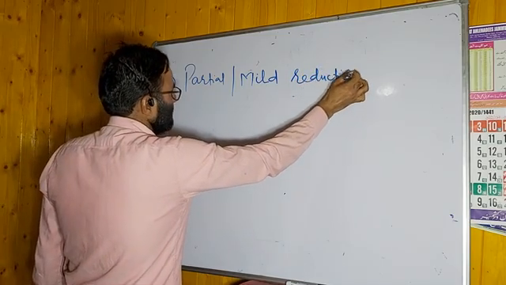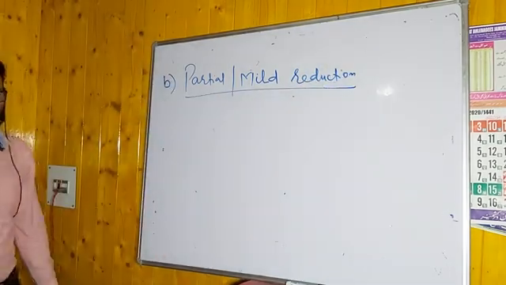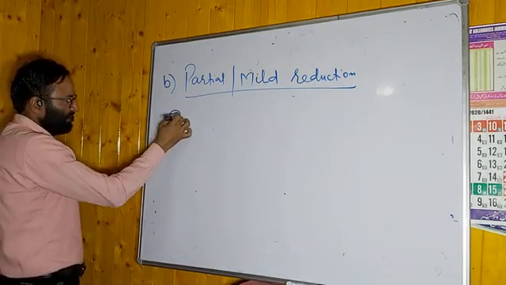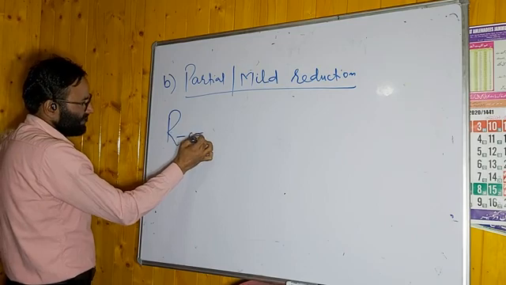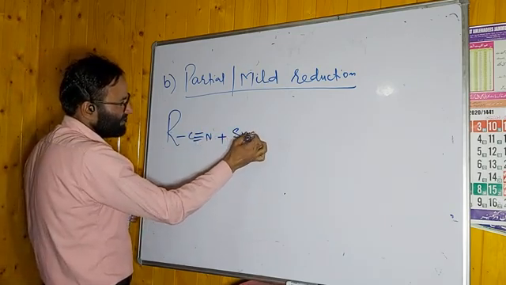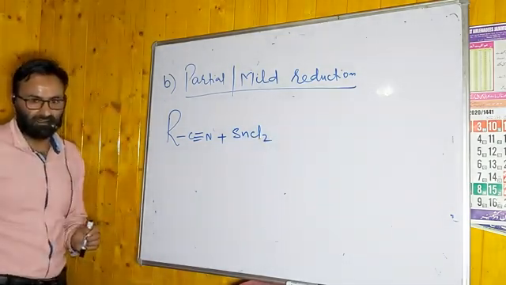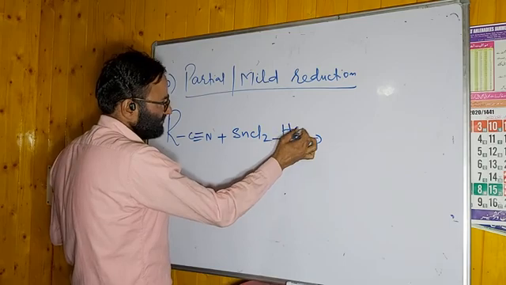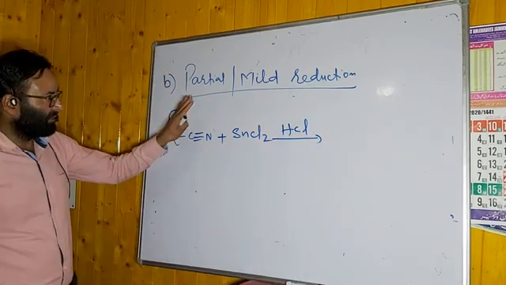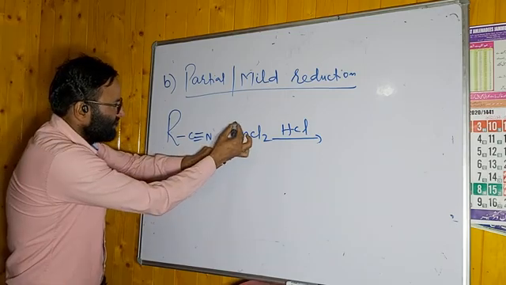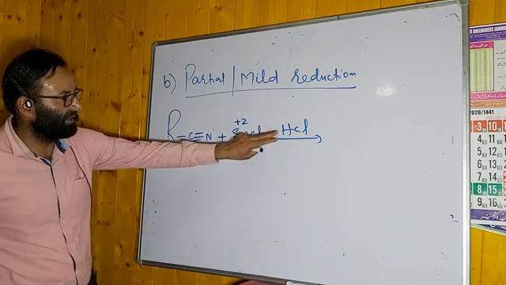Remember this point. देखिए कि इसमें क्या करते हैं. ये जो साइनाइड है, we reduce it with stannous chloride, SnCl2. याद रखना, stannous chloride in presence of HCl. In the mild reduction, the solution of cyanide is reduced with stannous chloride, +2, and HCl.